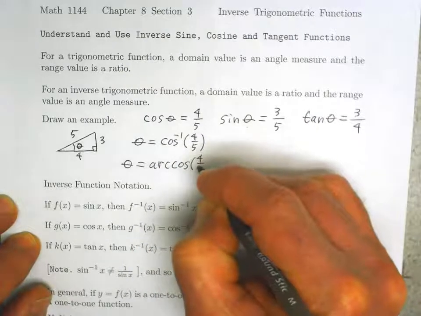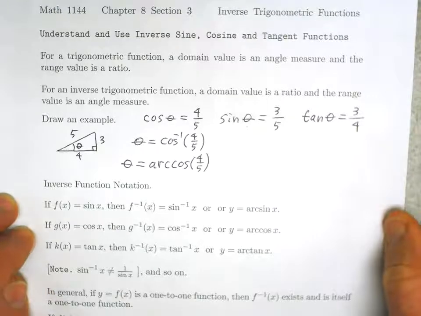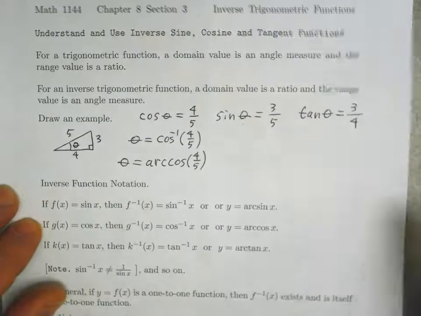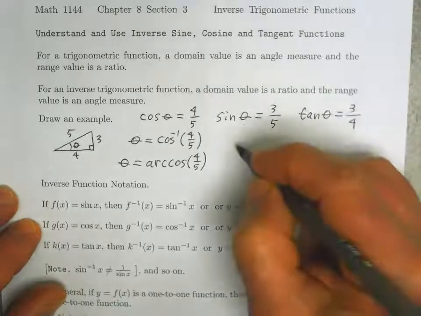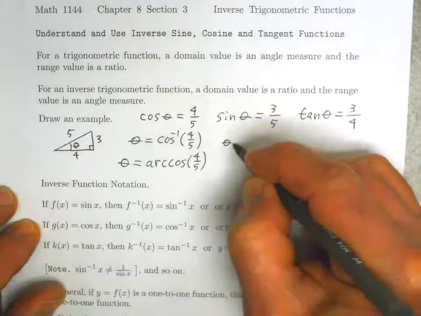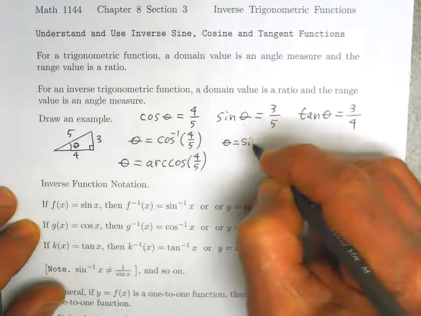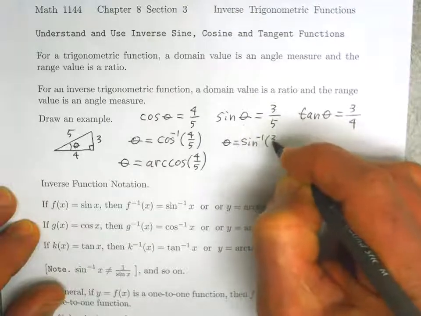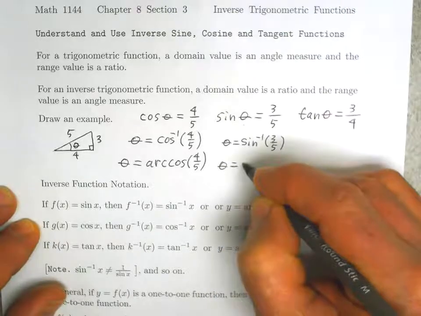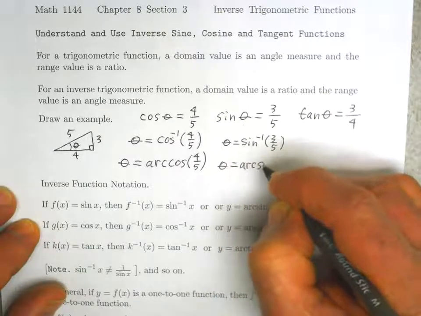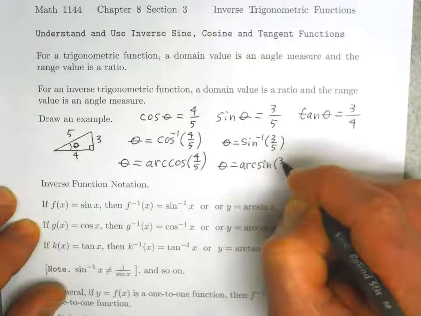You'll see both of those notations in the textbook. And if sine of theta equals 3/5, then theta is equal to the inverse sine of 3/5. Or equivalently, theta is equal to the arc sine of 3/5.